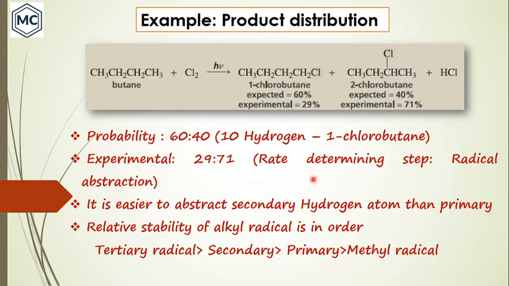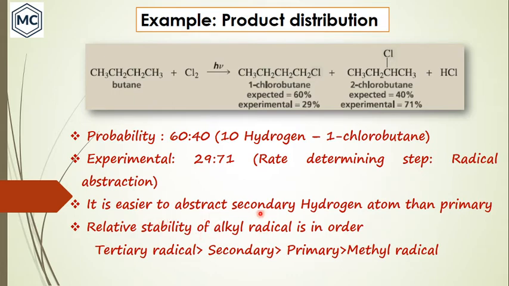The rate determining step is actually radical abstraction. That is, once chlorine radical is formed in propagation, chlorine abstracts a proton. It can abstract a secondary or primary proton. So which is easier to abstract? It is easier to abstract a secondary hydrogen atom than a primary. Do you know the reason?